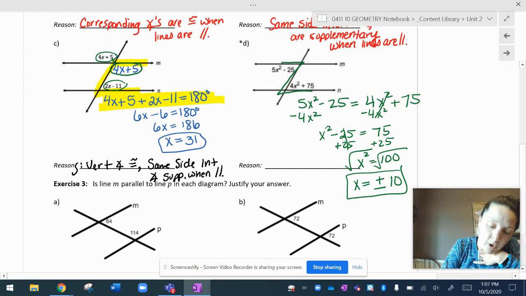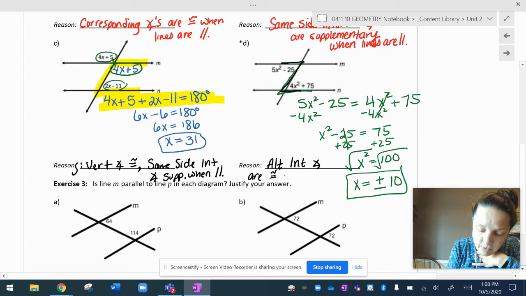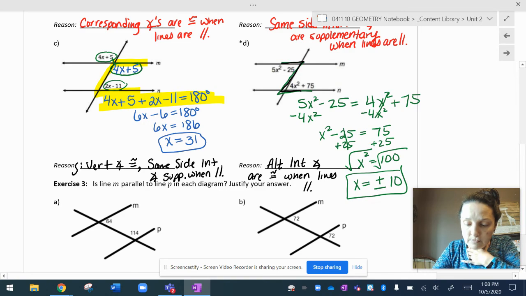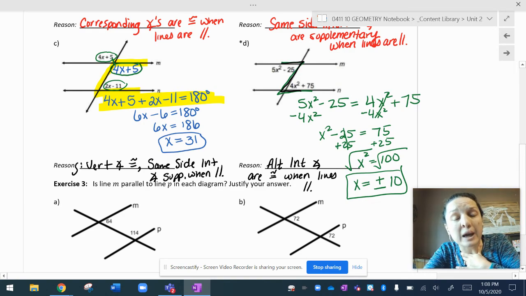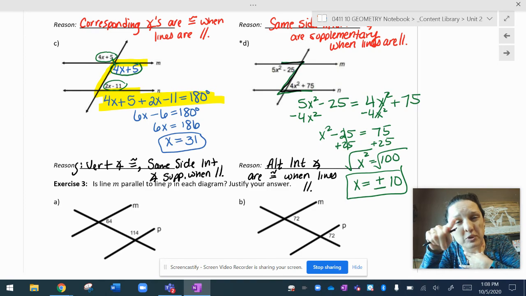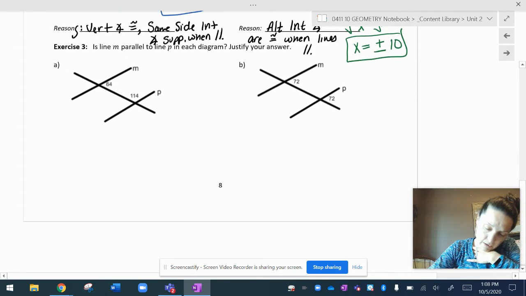And then when I come over here, I realize those made the letter Z, which means those are alternate interiors, and alternate interior angles are congruent when lines are parallel. And then when I set those equal, I ended up with x squared equals 100. And when you square root both sides, you have to put that plus or minus in front. Okie doke. All right, almost done.